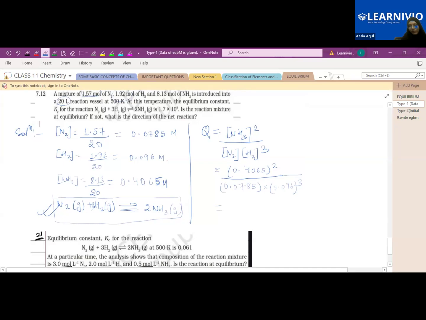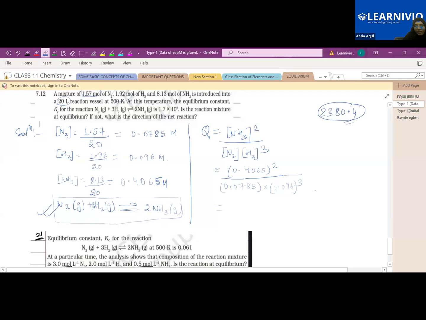Okay, when you take the square of this one, yes, Nidhi? Ma'am, 2380.4, final answer. 2380.4 is the final answer, the value of Q, right?